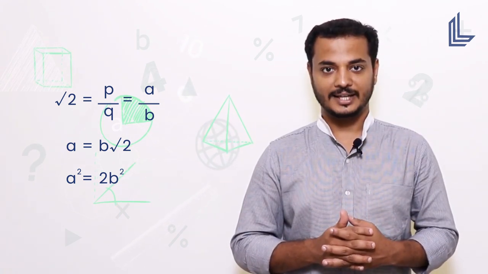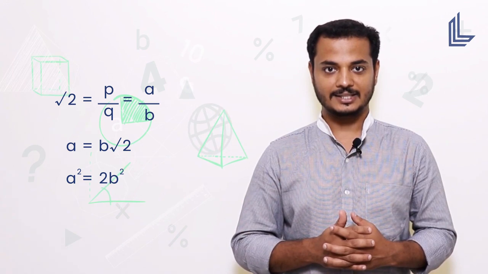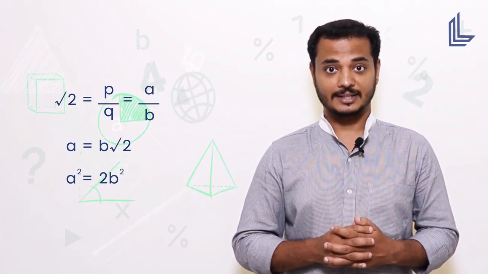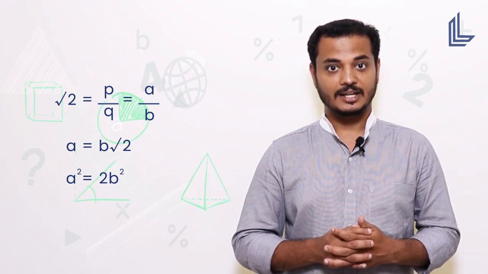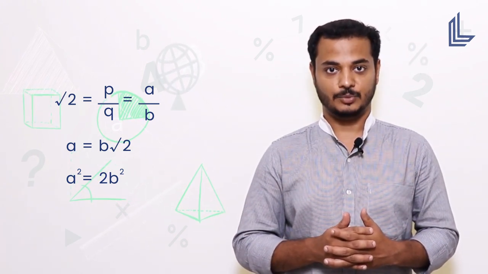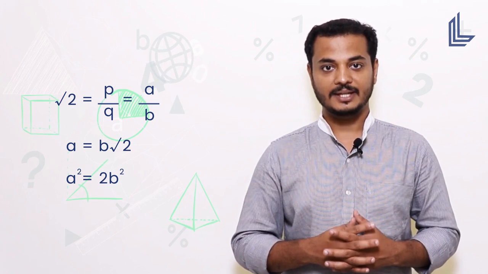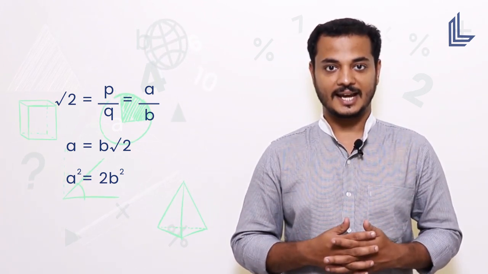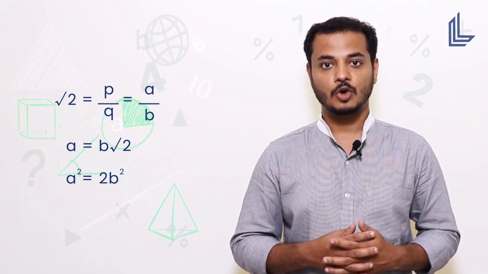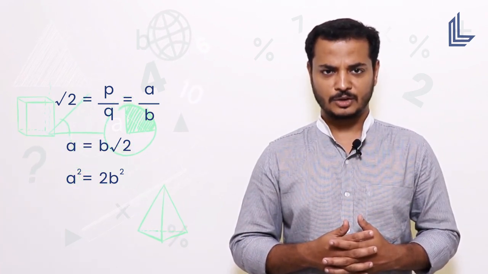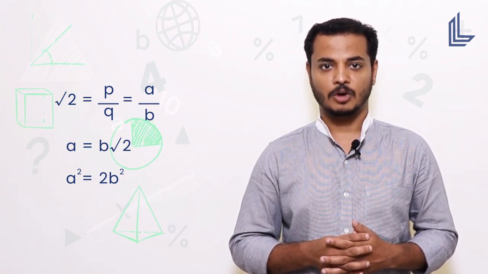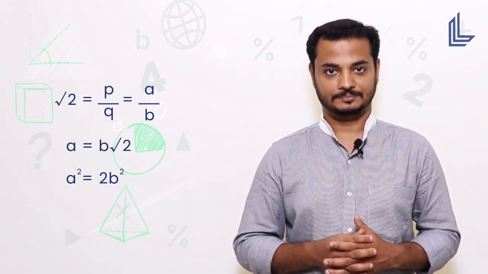Now clearly, a and b do not have any common factor between them. This is why we call a by b the reduced fraction. So in other words, we say that a and b are coprimes. What do you mean by coprime? Coprimes are numbers which do not share any common factors other than 1.